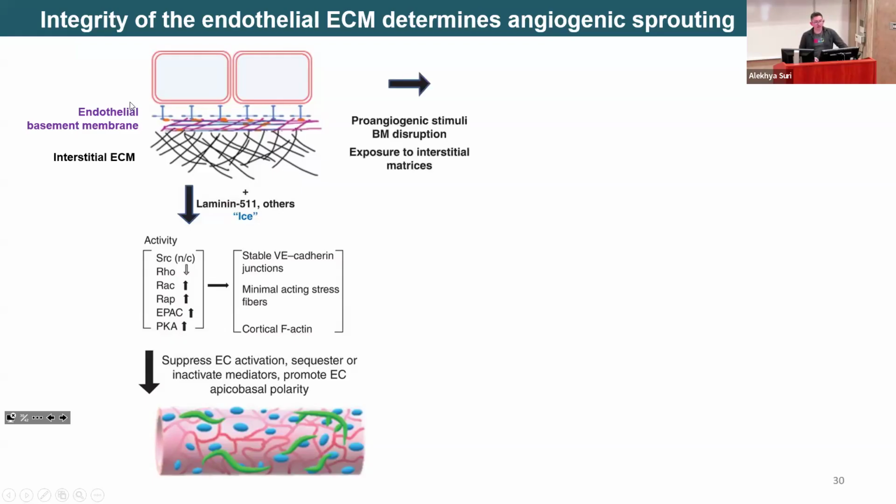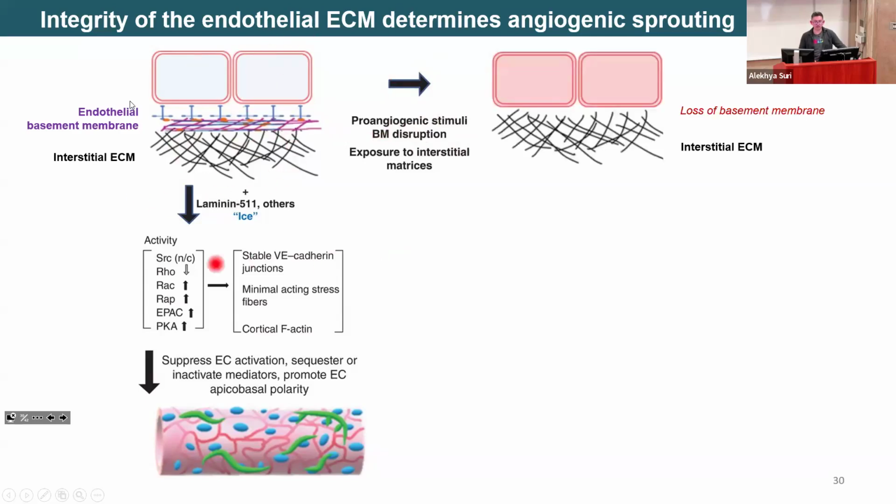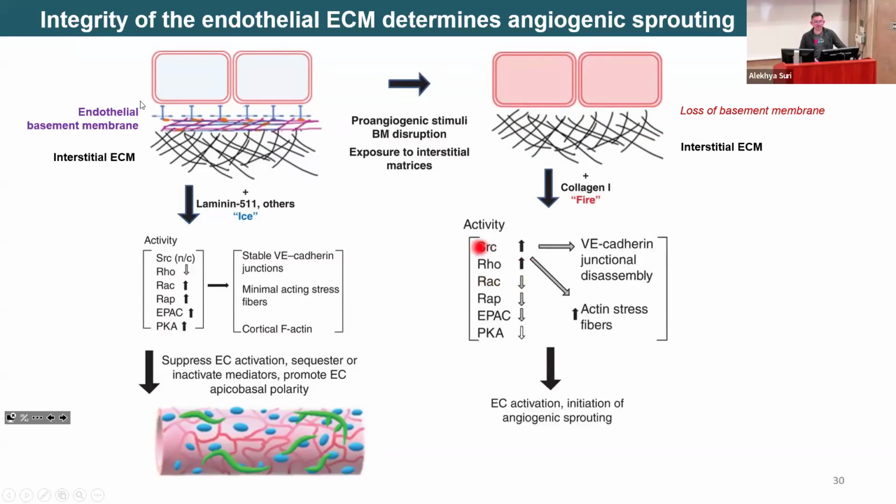Now, when there are pro-angiogenic stimuli, or when there is injury, this injury leads to the disruption of the basement membrane and the exposure of the endothelial cell to the interstitial matrix, right? So you don't have the basement membrane anymore, and the endothelial cell sees this interstitial matrix, which is rich in collagen. Collagen is a signal for an increase in the activity of Src and Rho, which lead to disassembly of the intercellular junctions and the formation of stress fibers in the endothelial cells.